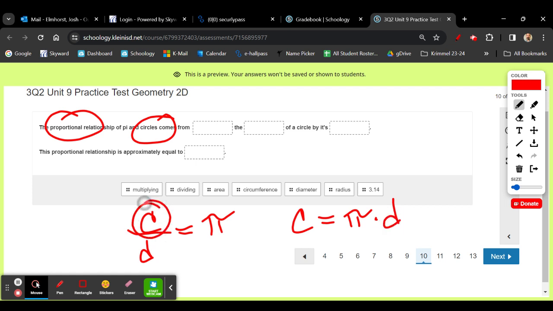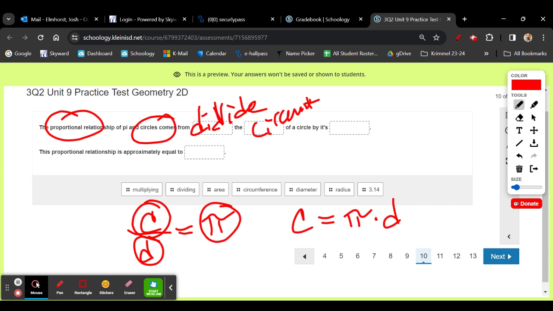But if you divide the circumference of a circle by its diameter, it will always equal pi, or 3.14.